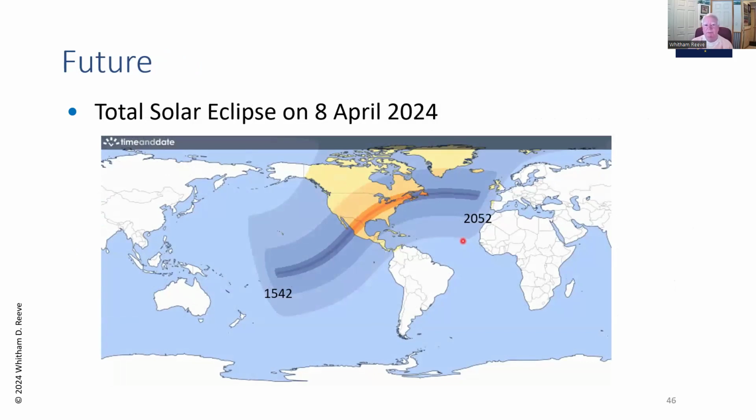Well, as we were talking about earlier, on Monday, we've got an eclipse. It starts at 1542 UTC out in the mid-Pacific, and then flows up through Mexico and into the eastern part of the US and Canada, and then gets over and almost touches the UK, and pretty much is done by 2052 UTC.